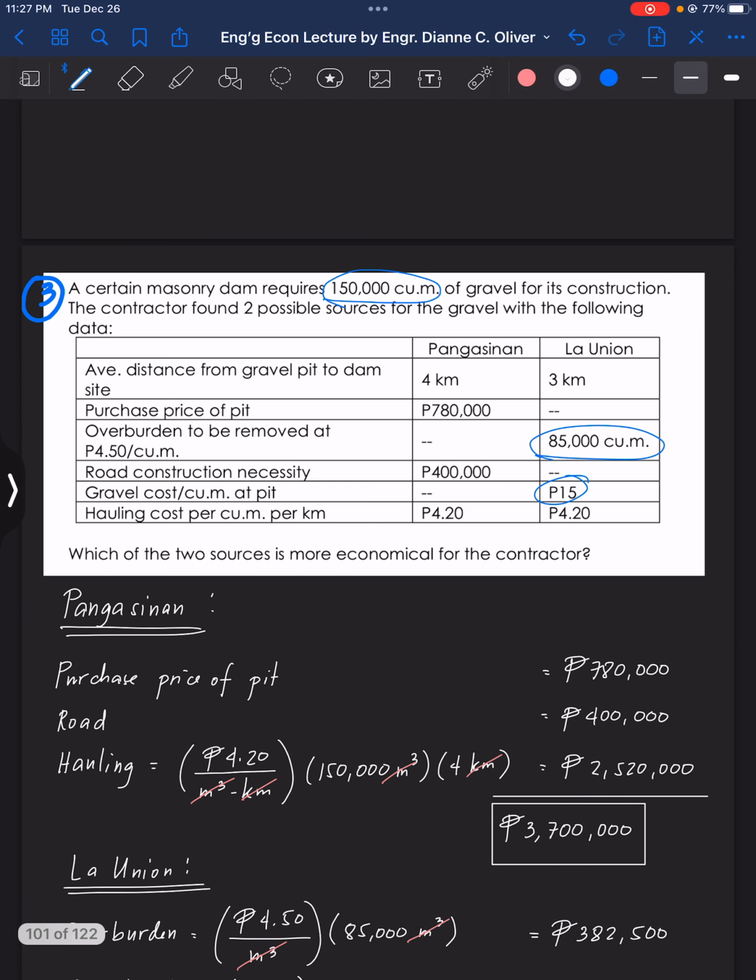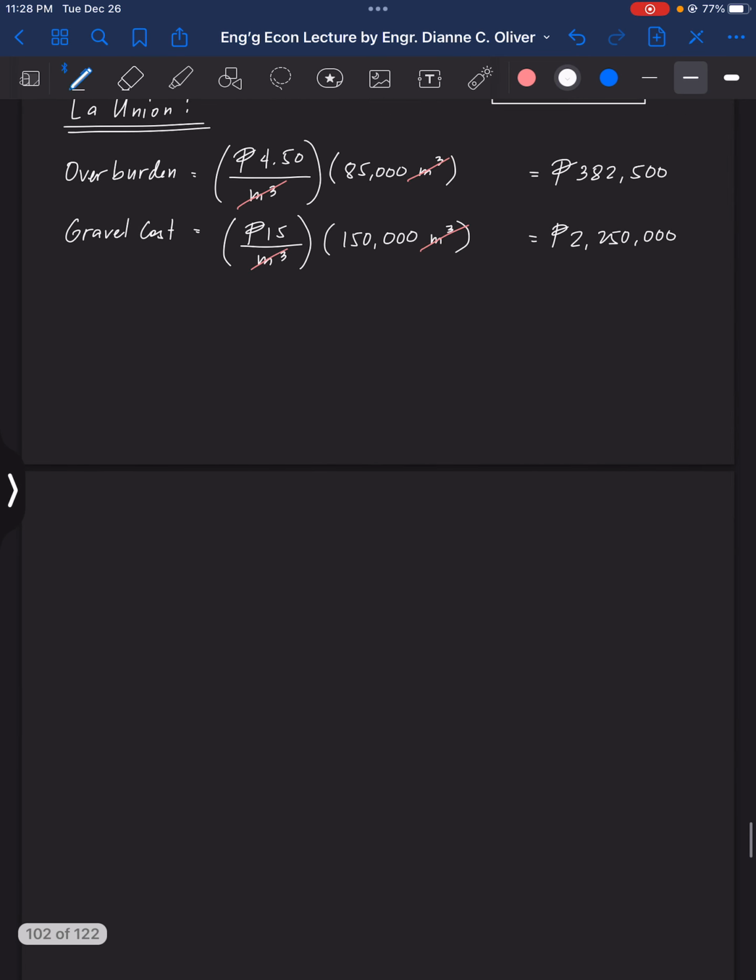Next is the hauling cost. The hauling cost per cubic meter per kilometer is 4.20. The required here is 150,000 cubic meters, and the distance of haul is 3 kilometers.